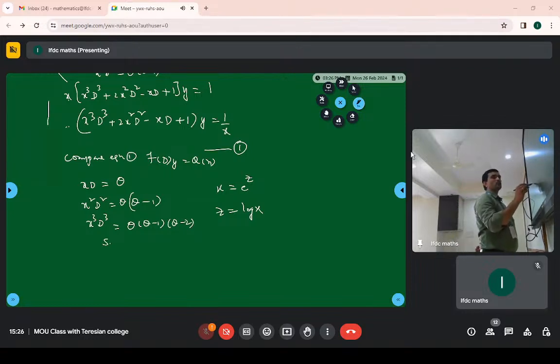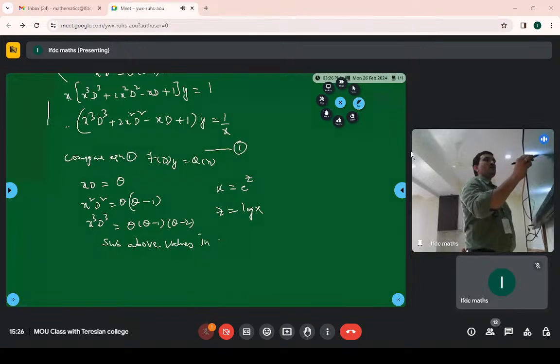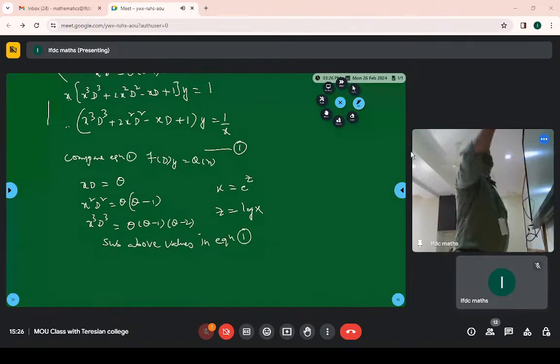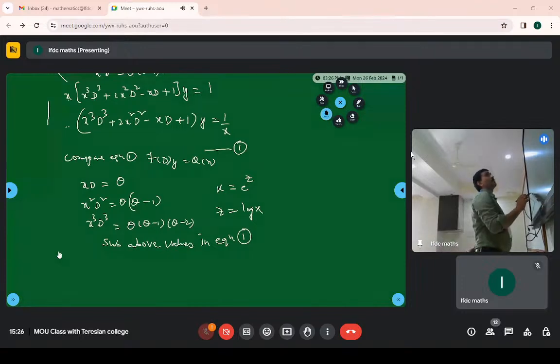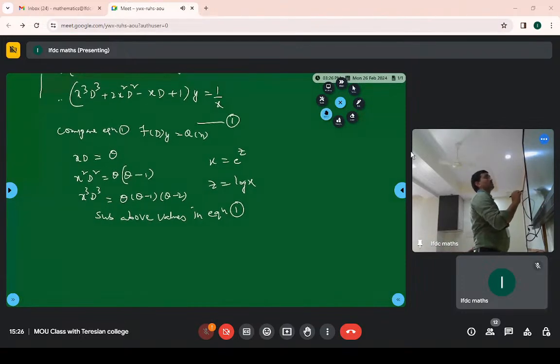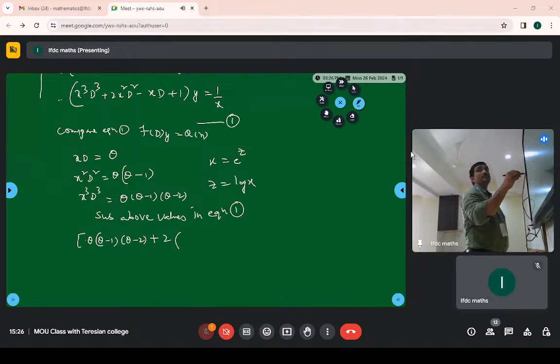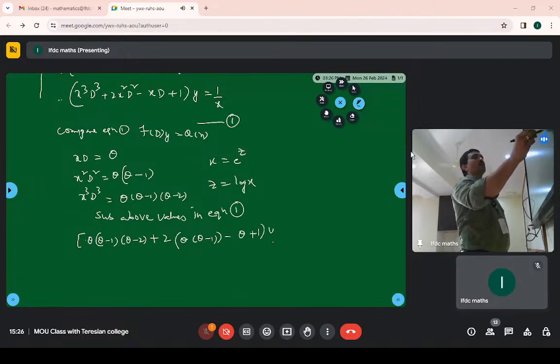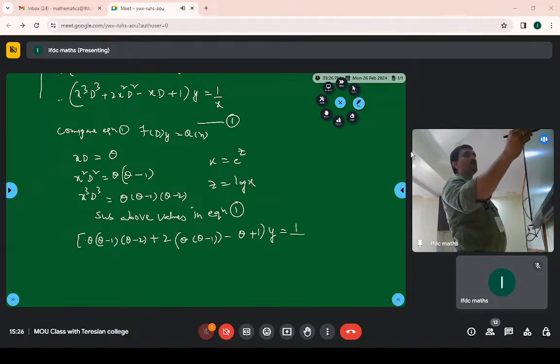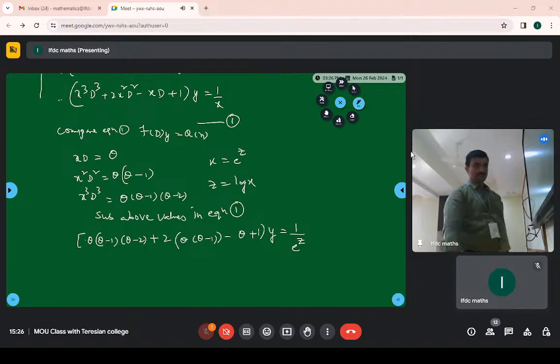I would like to substitute the above values in equation number 1. If I substitute in equation number 1, what will come? X cube d cube becomes theta into theta minus 1 into theta minus 2, plus 2 times x square d square, theta into theta minus 1, minus x d, theta, plus 1, whole into y, equal to 1 by x, which is 1 by e power z.